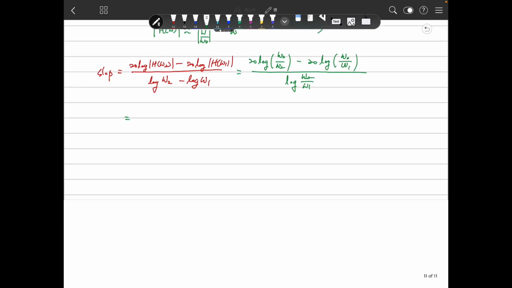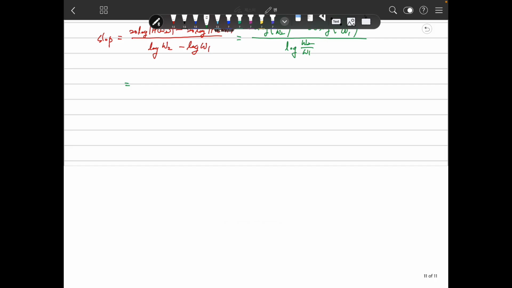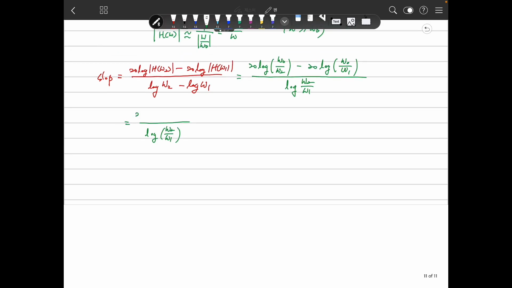So then you can read it right here, and that will be 20 log omega 1 over omega 2.